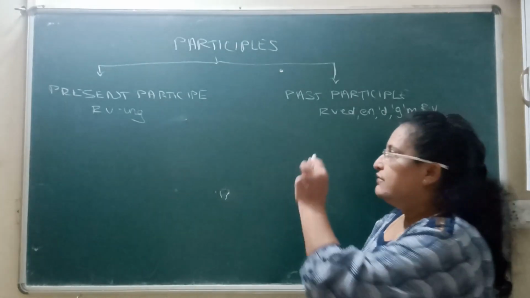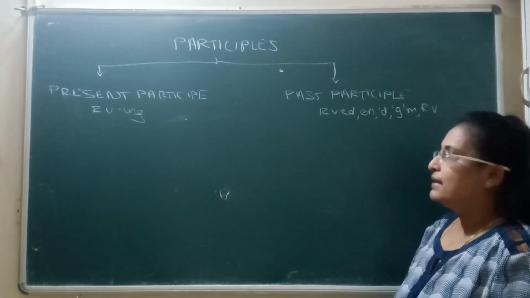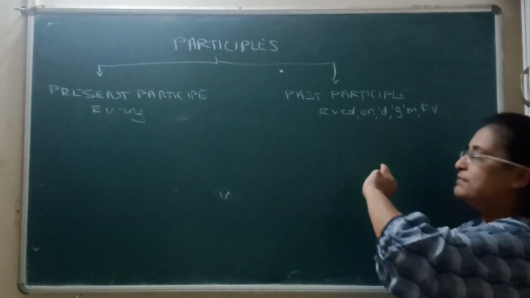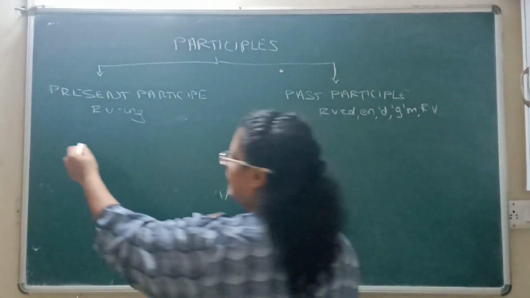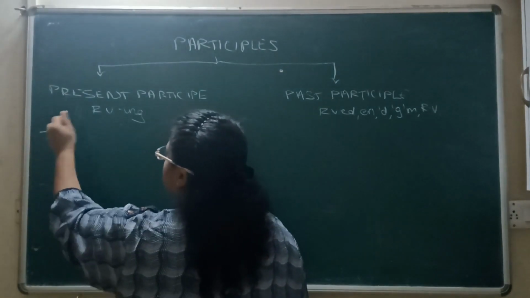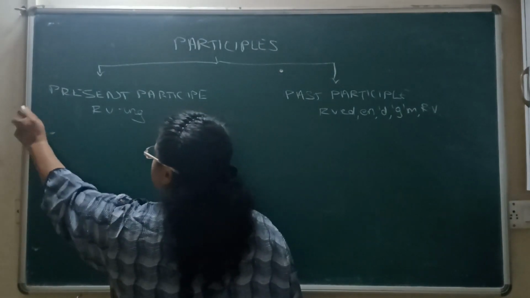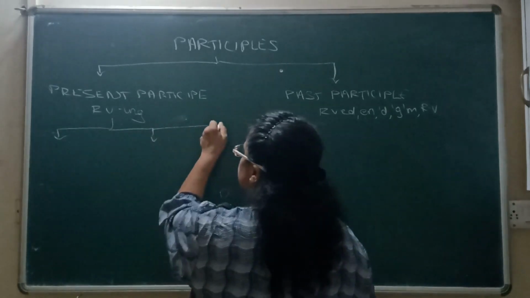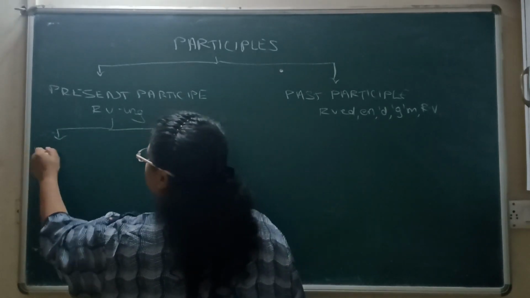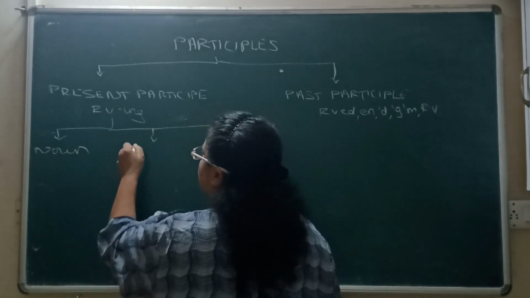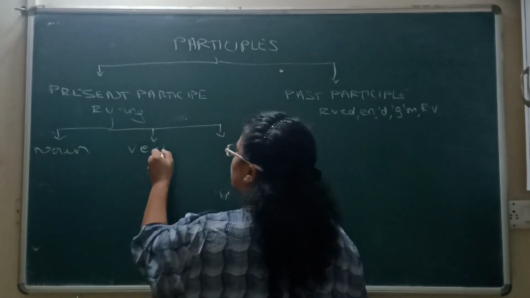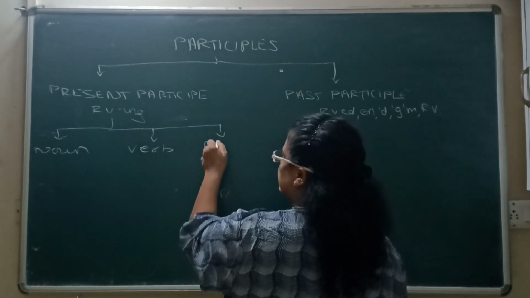Now, the function of present participle and past participle. Present participle functions as noun, it functions as verb, it functions as adjective.